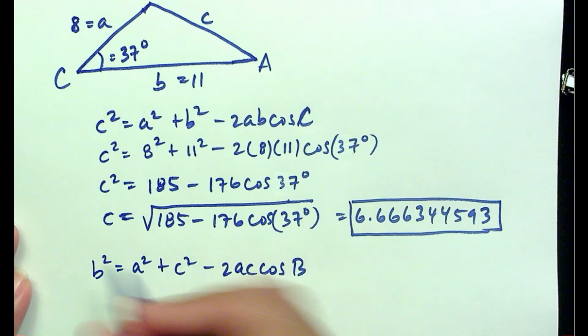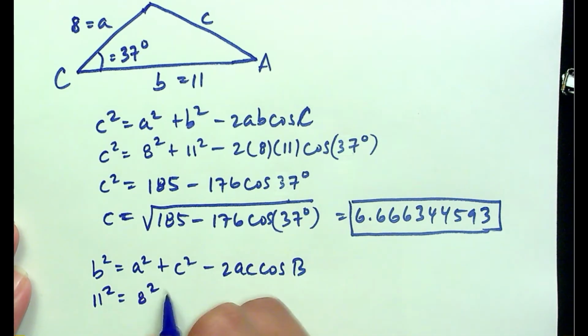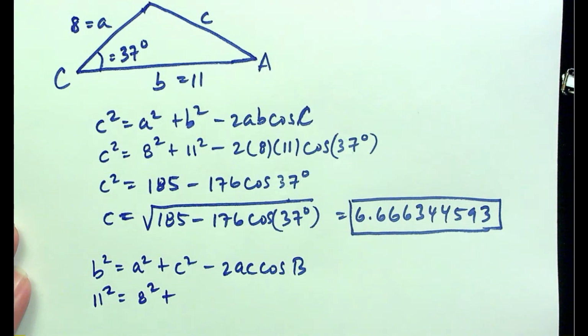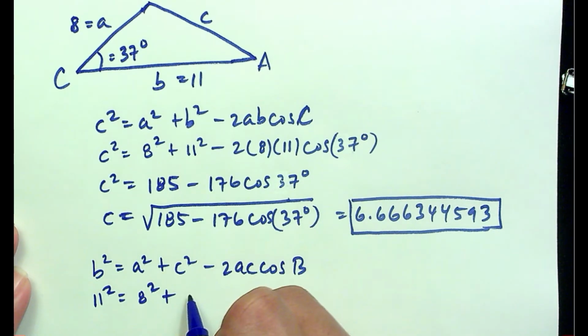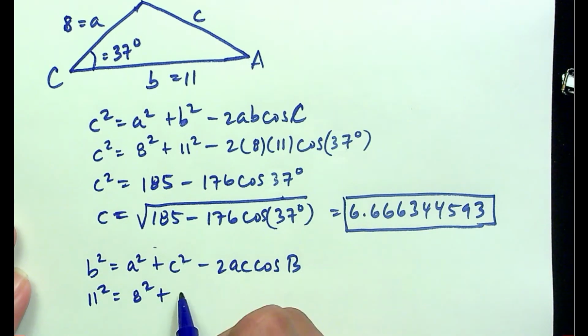Good, now I plug in my numbers. 11 squared equals a squared, that would be 8 squared, plus c squared. I need to square this thing, so I'm going to copy it.